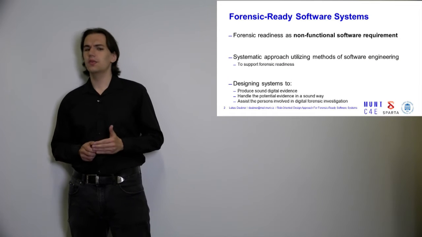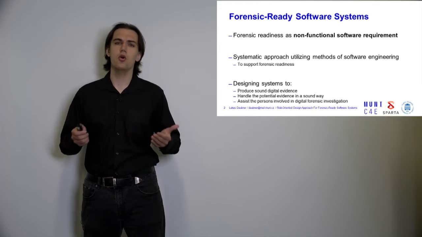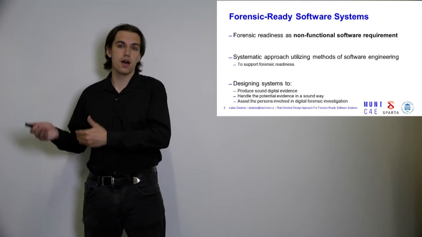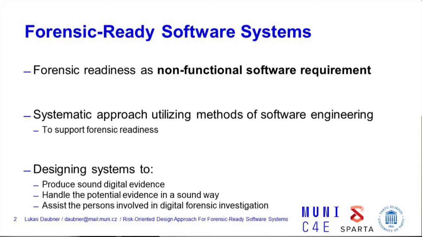You might be familiar with forensic readiness, which is an approach to prepare in advance for the eventuality of a forensic investigation. Now, we want to approach it from the software engineering perspective, in a way that we aim to design systems and make them forensic ready, like we can do with security or privacy.